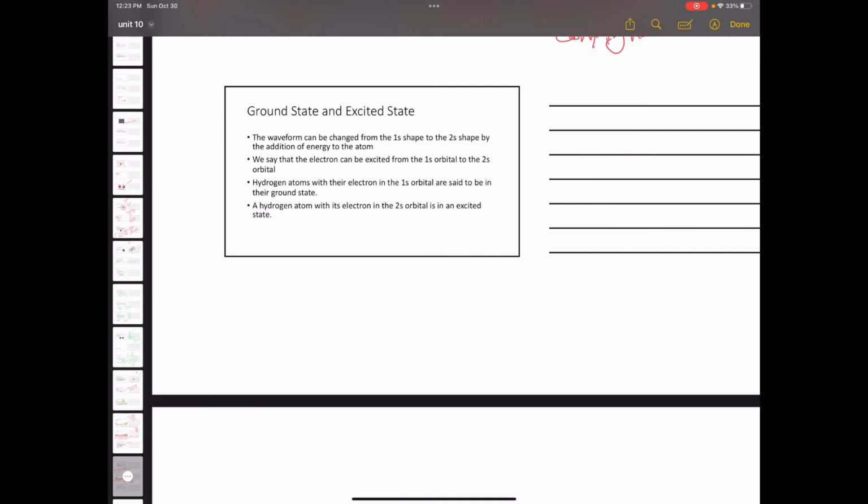So the energy is elevated from being a first principal energy level, or a 1s shape, to a 2s shape. We say that an electron can be excited from the 1s orbital to the 2s orbital.